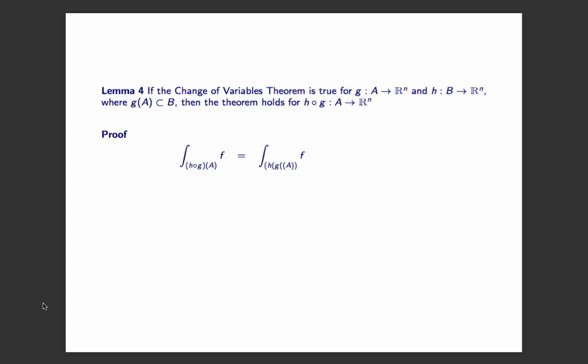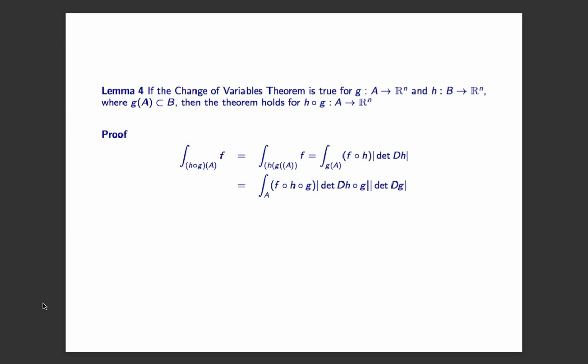Now, of course, that's just h of g of A. Now, by using the fact that the change of variables theorem holds for h, that's the integral over g of A of f composed with h times the determinant of dh.